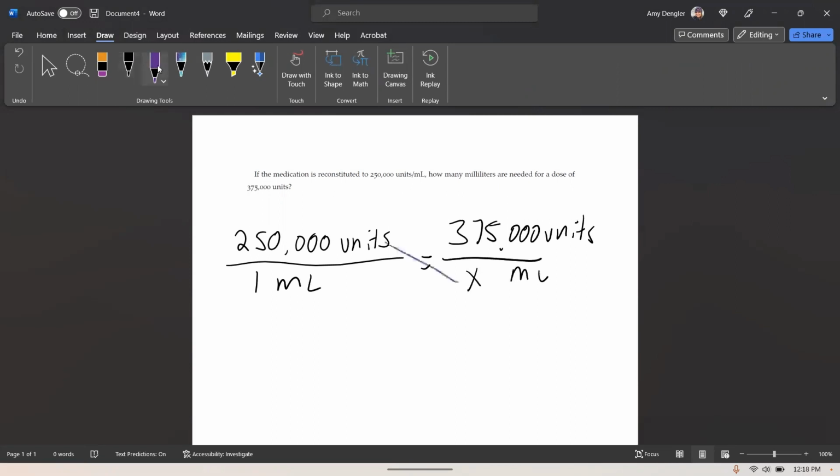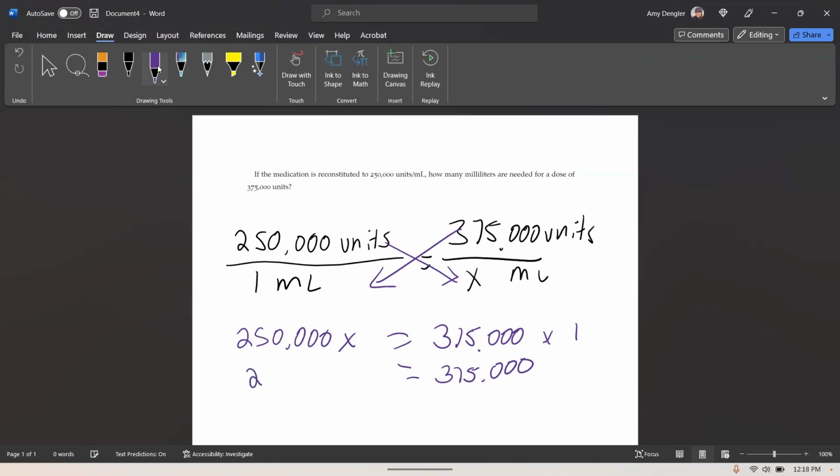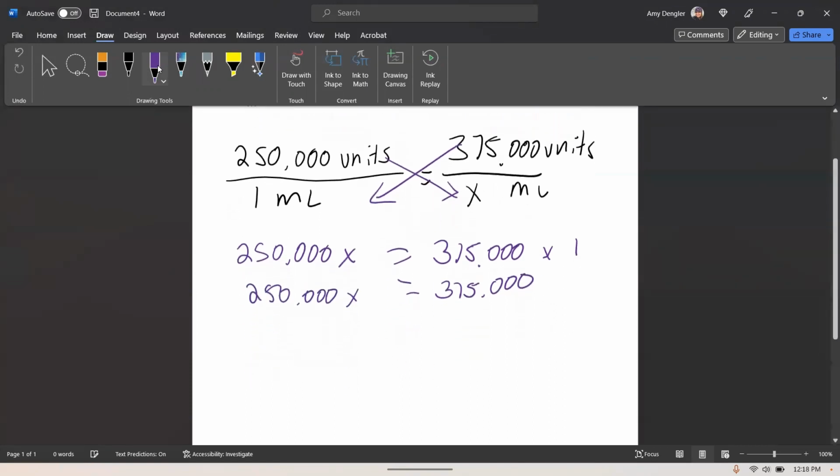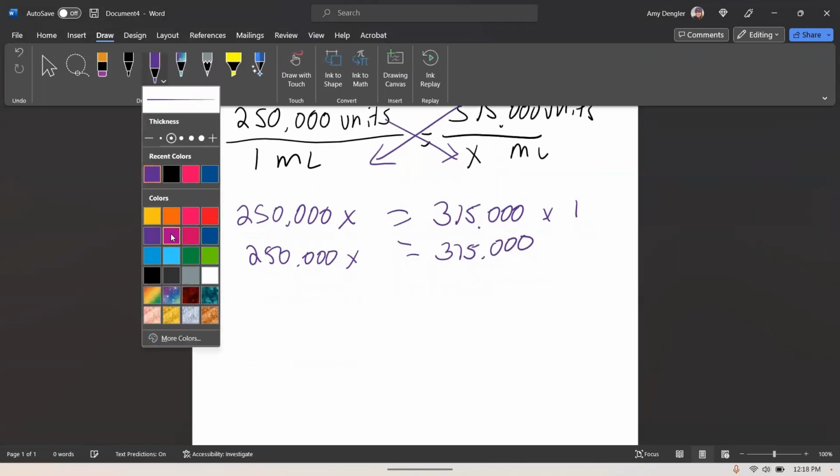So we're going to rewrite it, doing our cross multiplying and dividing. So 250,000 x is equal to 375,000 times 1, which is just 375,000. I'm just rewriting it to have that more organized.